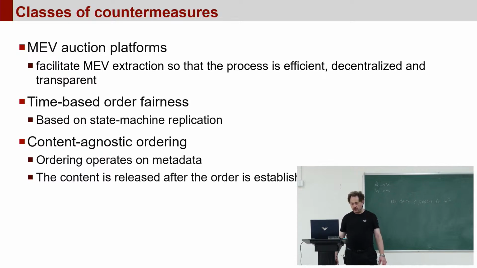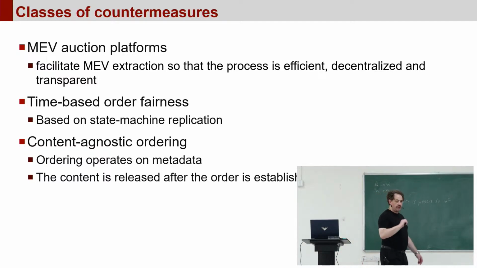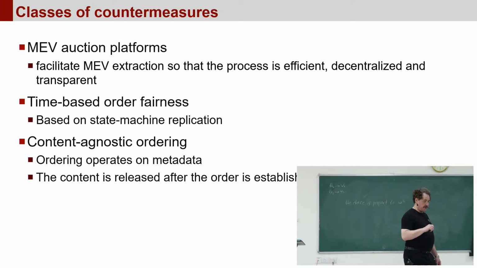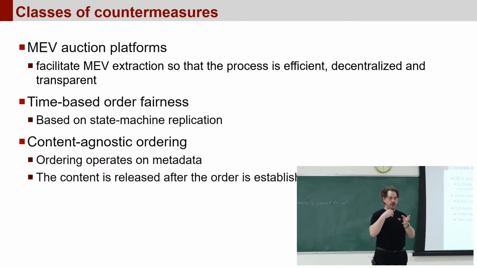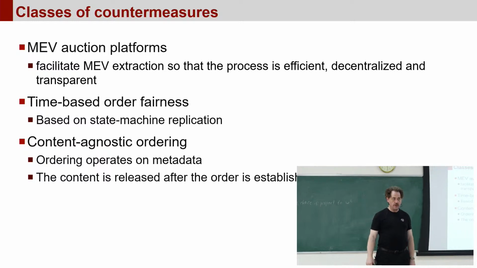Yet another method for preventing MEV is what's called content agnostic ordering. So the ordering operates on metadata. The transactions are not released. The transactions are encrypted. So the ordering is performed on the commitments, not on plain text transactions, but instead on encrypted transactions or on transaction IDs, which is metadata of transactions.